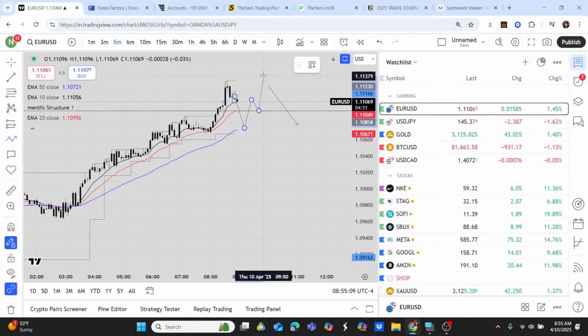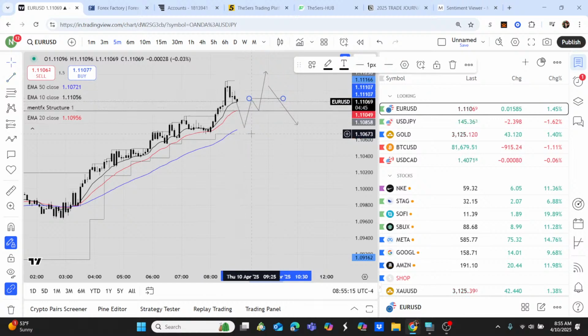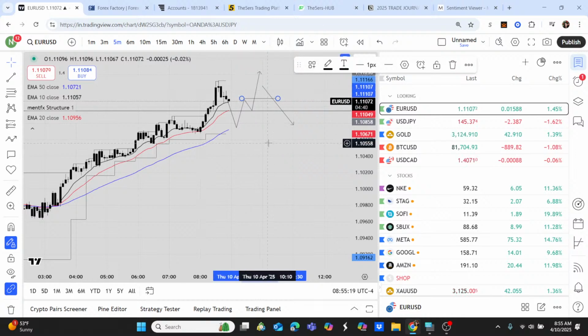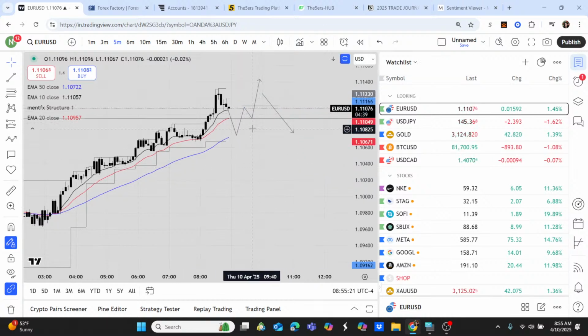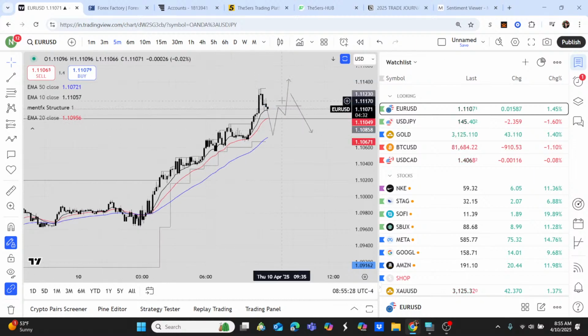Now I just buy stop the high, and I'm basically buy stopping fractal structure. You can call it demand, whatever you want to call it. It's all the same thing. That's simply my entry criteria, and I'm just gonna manage accordingly. But depending on how this looks, it plays a factor as well.